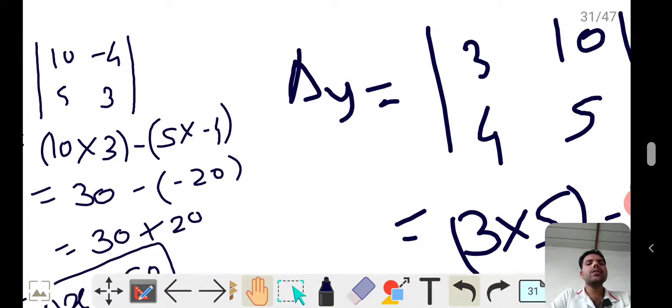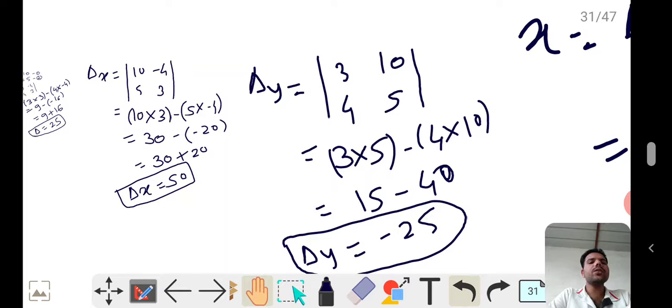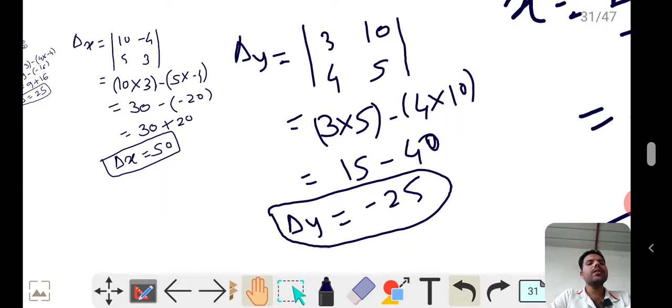In the next step we calculated delta y by replacing the coefficient of the y variable from both the equations by the constant terms. So we get the determinant 3 4, 10 5. We solved this determinant to find the delta y value, and we get delta y as minus 25.